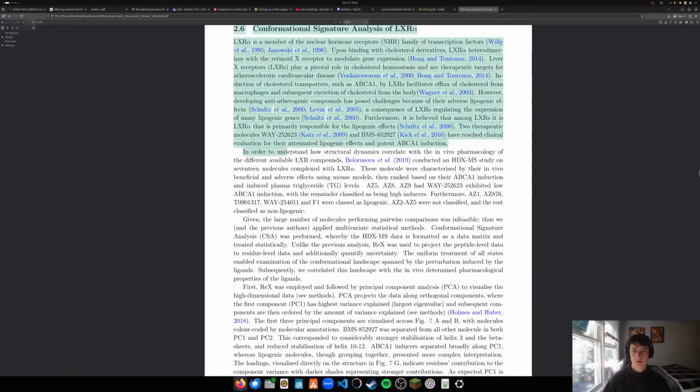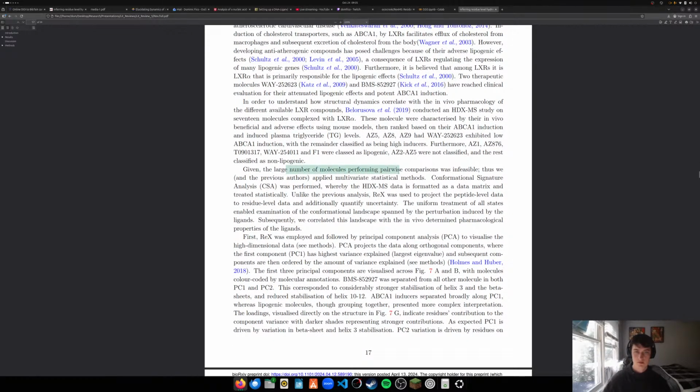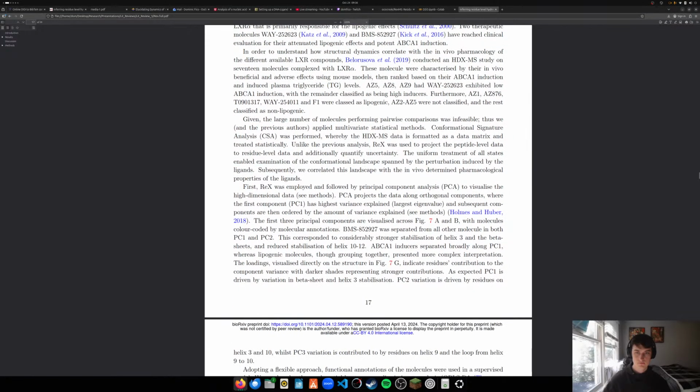Okay. I want to understand how structural dynamics correlate with in vivo pharmacology. Some molecules. Yeah. Given the large number of molecules performing pairwise comparisons was infeasible, thus we applied a multivariables.